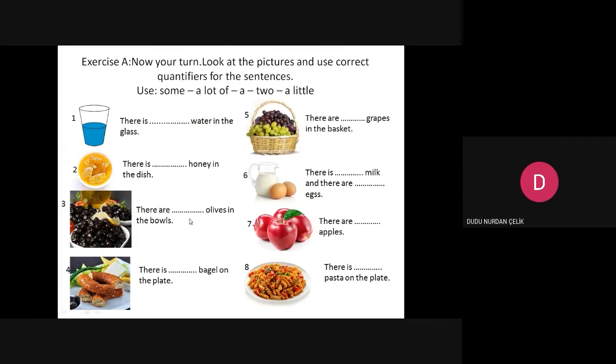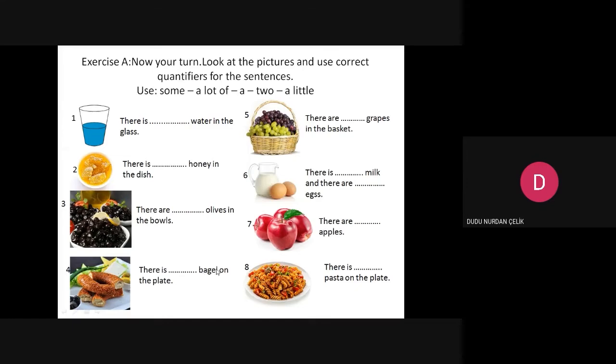There are a lot of olives in the bowls. The fourth one, bagel. You like bagel? I do. I can eat a bagel every morning. Yes, you're right. You found the answer. There is a bagel on the plate.